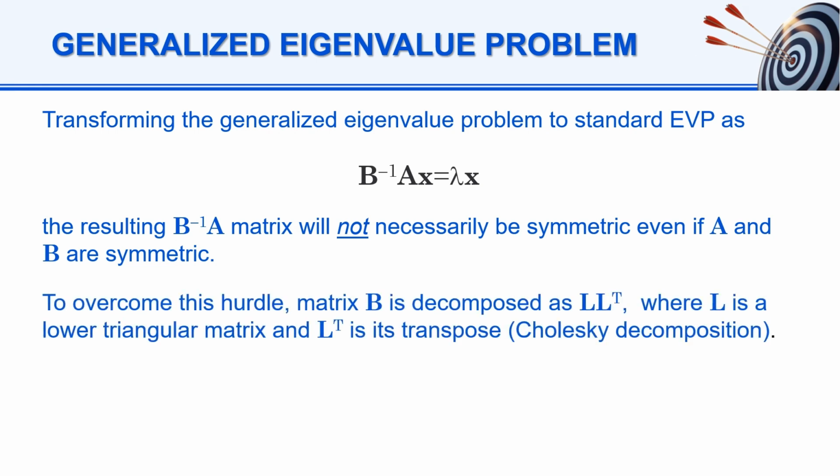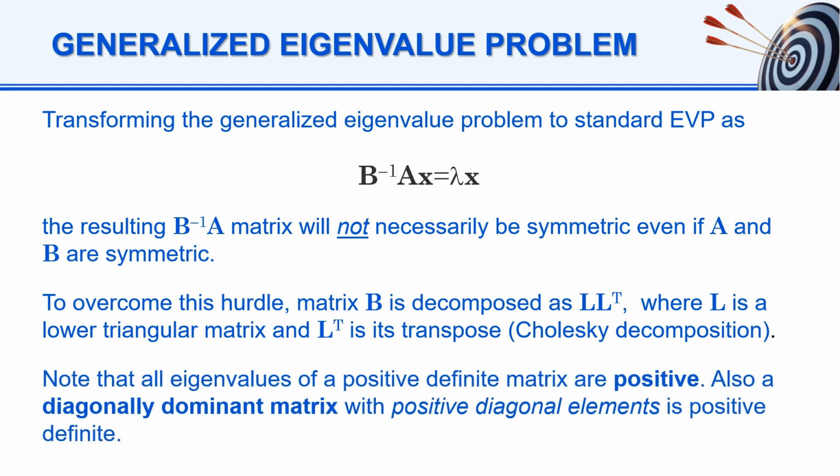To overcome this hurdle, matrix B is decomposed as L L transpose, where L is a lower triangular matrix and L^T is its transpose, found by Cholesky decomposition. Note that all eigenvalues of a positive definite matrix are positive. Also, a diagonally dominant matrix with positive diagonal elements is positive definite.